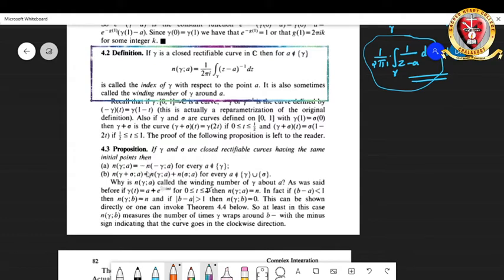And these are the properties of this winding number, that is n of minus gamma, a is equal to minus n of gamma, a. n of gamma plus sigma, a is equal to n of gamma, a plus n of sigma, a. Please use the definition of n of gamma to prove the same.